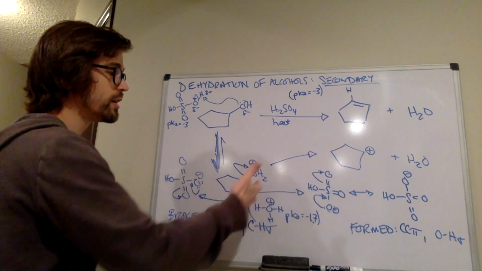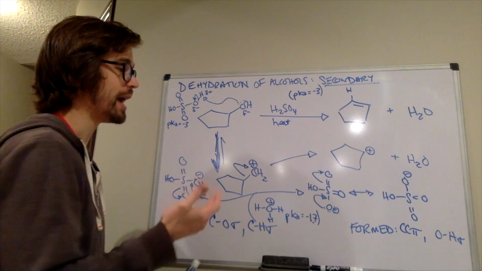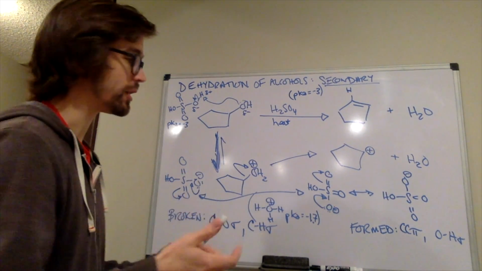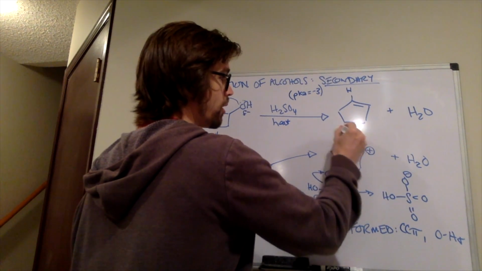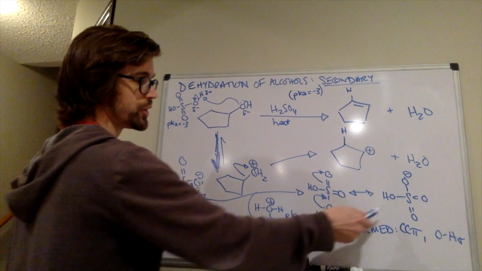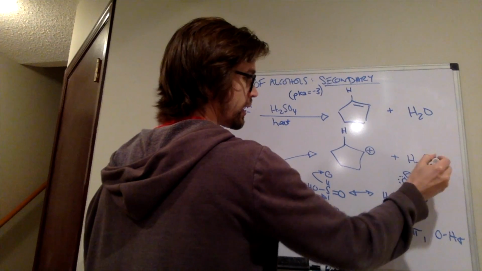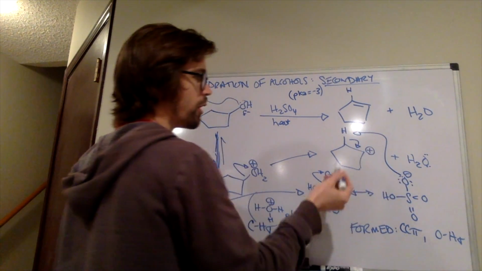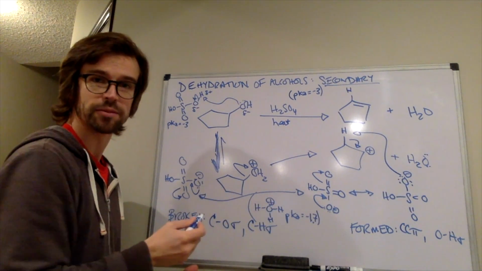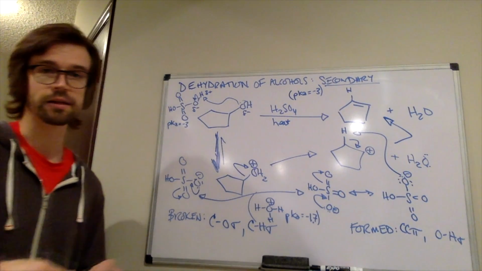So we have weak bases around here. We have no strong bases, so this has to occur by a unimolecular type mechanism. And at that point, the water molecule or the conjugate base, either of these really, can be shown to grab that proton from that beta position to generate the product alkene.